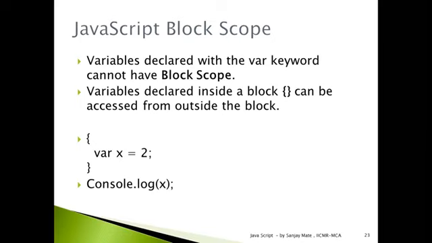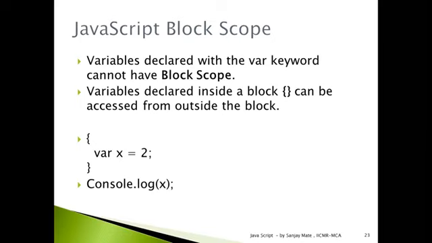Here you are accessing x outside the scope, but you can still access it because it is declared as a var. So whenever you print console.log x, you will get the value 2.